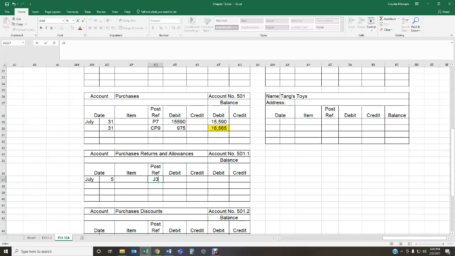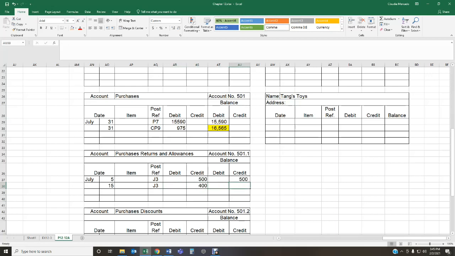The amount of the return was $500 for the first one. Then on the 15th, we had again journal 3, and the amount of my return is $400.